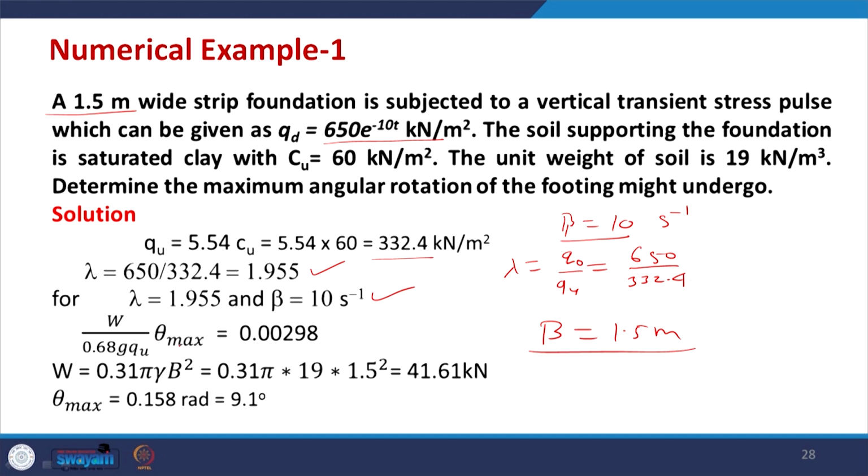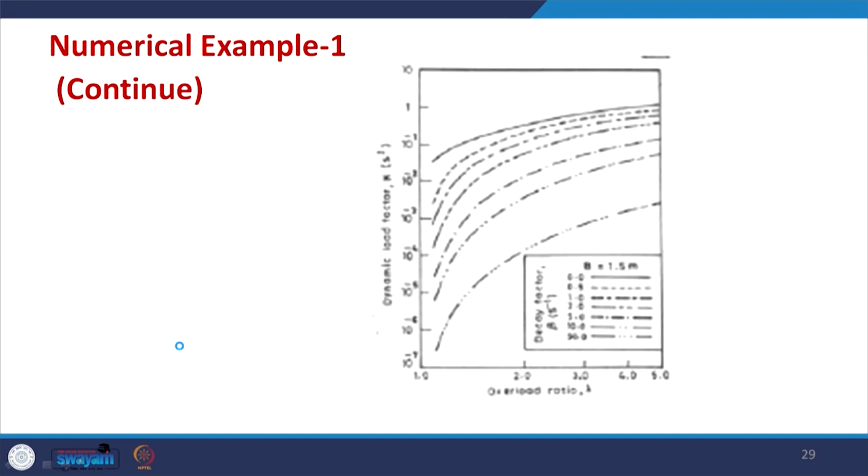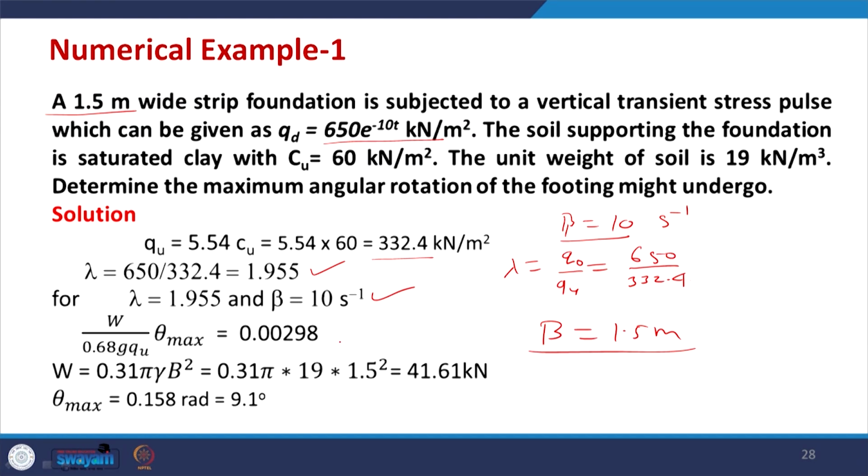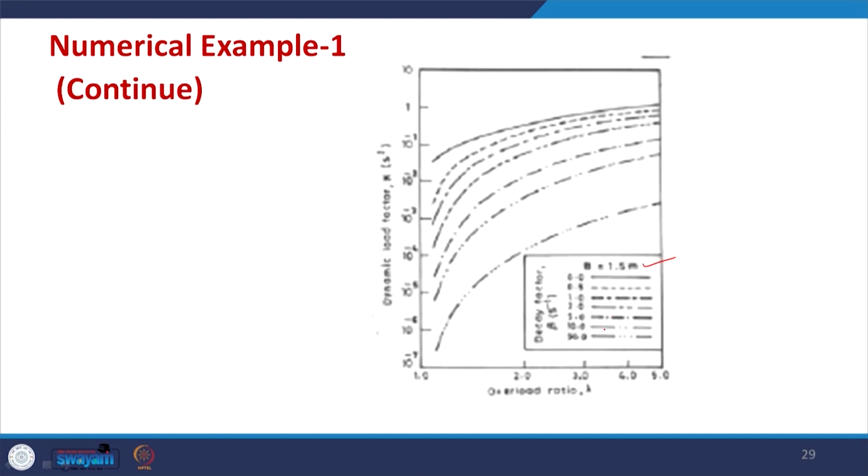The chart is given in the next slide. This is not very clear, but this is for b equal to 1.5 meter, and beta is 10 per second. So, you have this line, the second last line, and this curve will be selected.